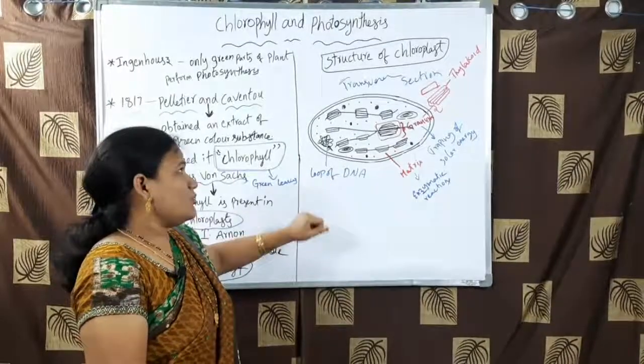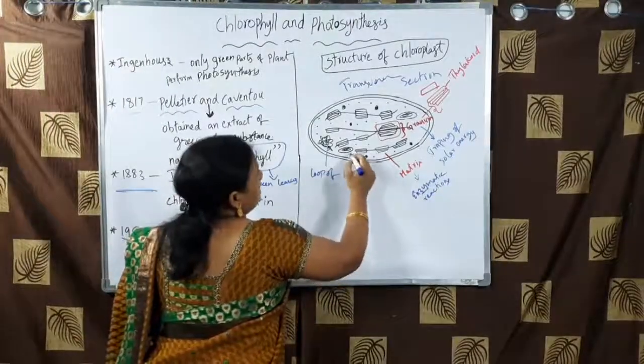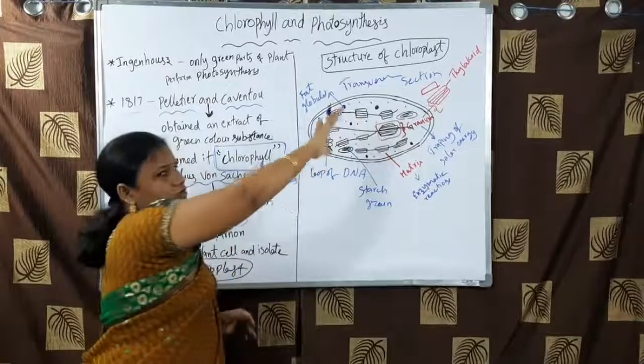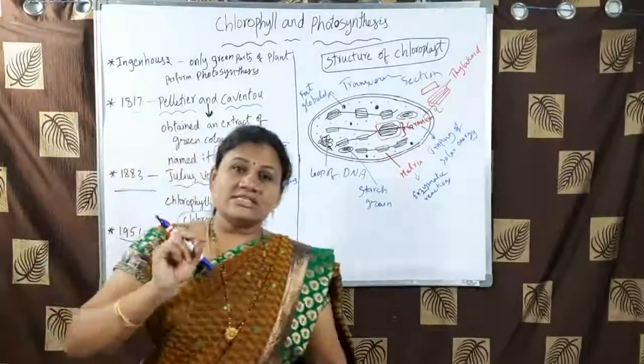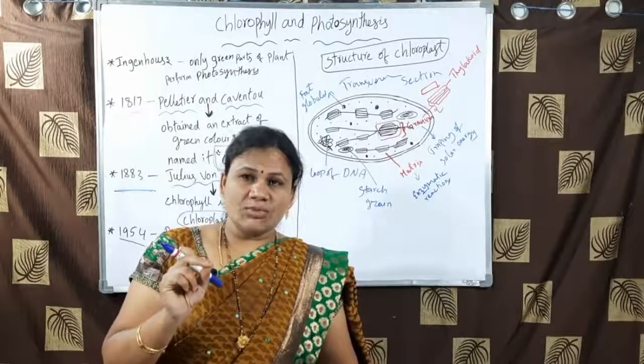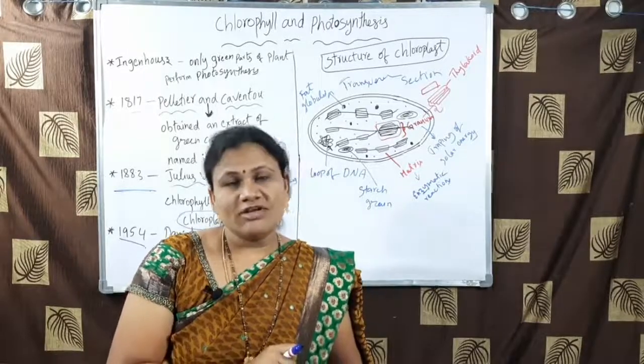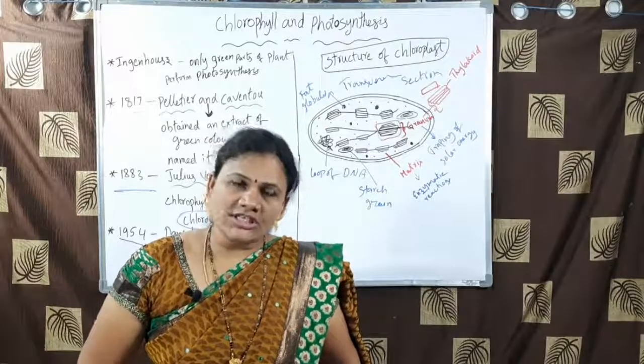Okay. Next, along with that, some starch grains. Next, fat globules. All these things are present in the structure of chloroplast. See, substances present in chloroplast which trap the solar energy, we can call photosynthetic pigments.